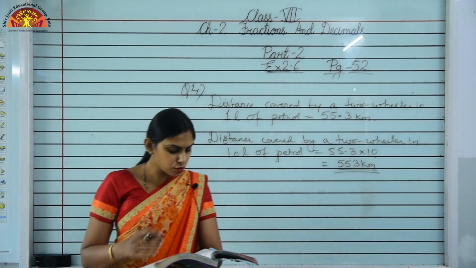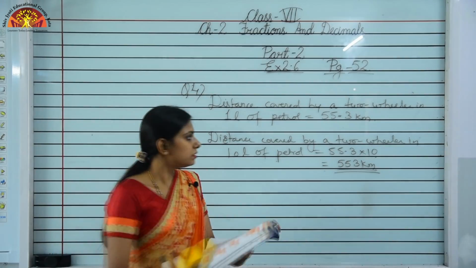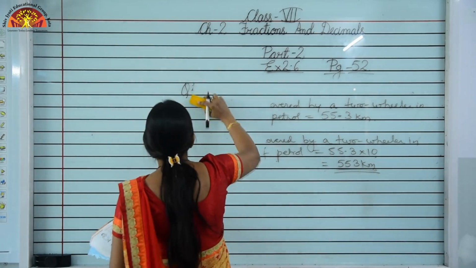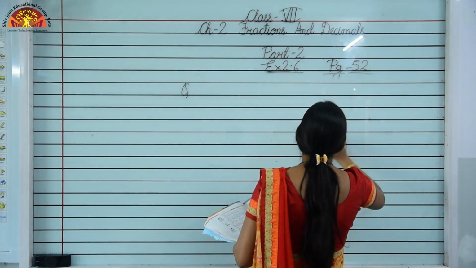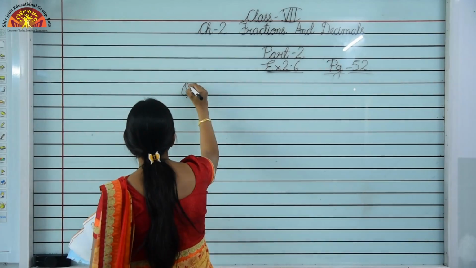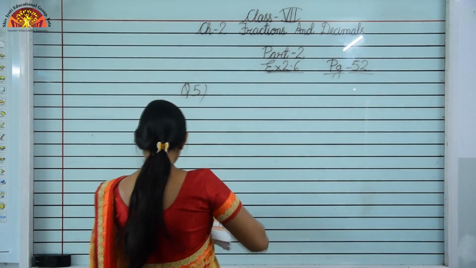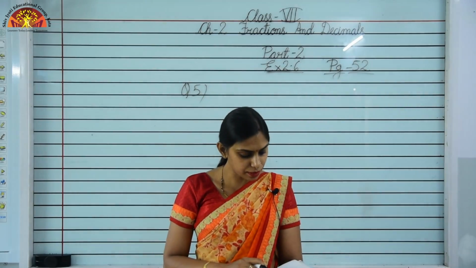Now just come to the last question of this exercise, question number 5. What is given over here? You have to find the value by the multiplication of decimal numbers.